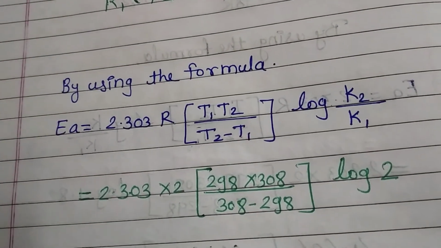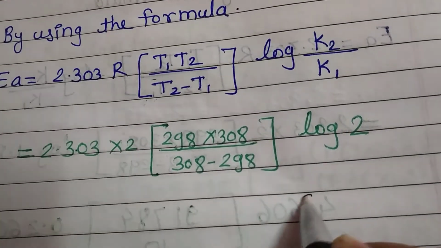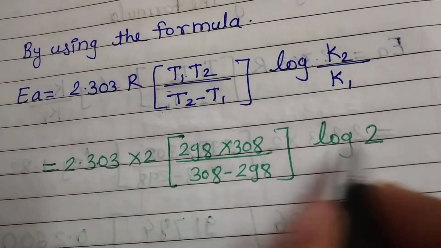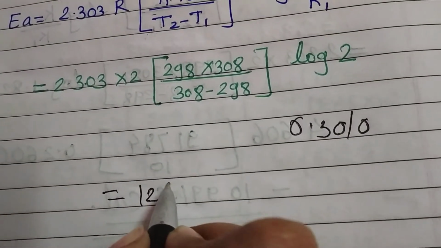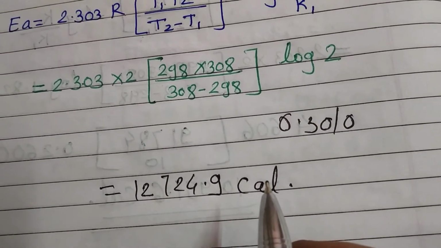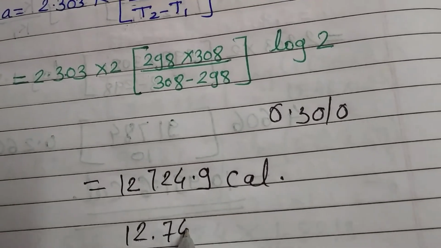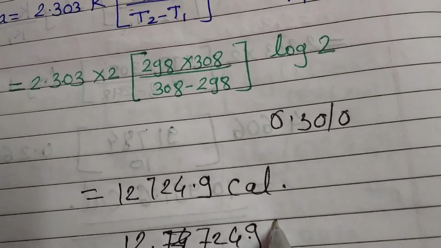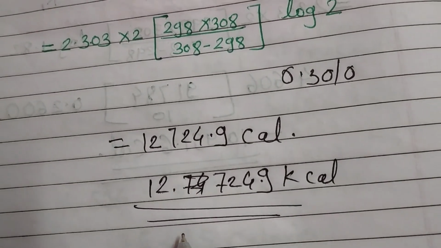When we put the given values in the formula, the log of 2 is 0.3010, and when we multiply the whole thing we get the final answer, that is 12724.9 calories. We can also convert this calorie into kilocalorie, that is 12.7249 kilocalories. So this is the final answer of the energy of activation.